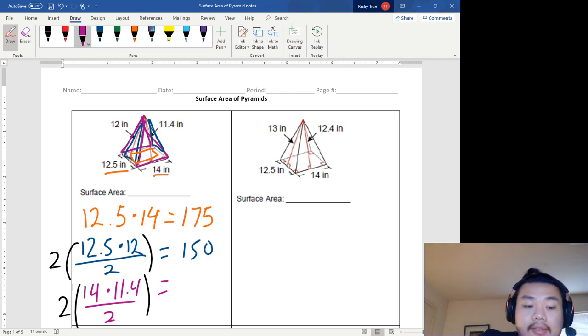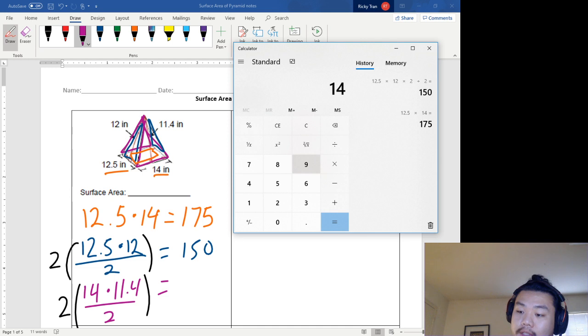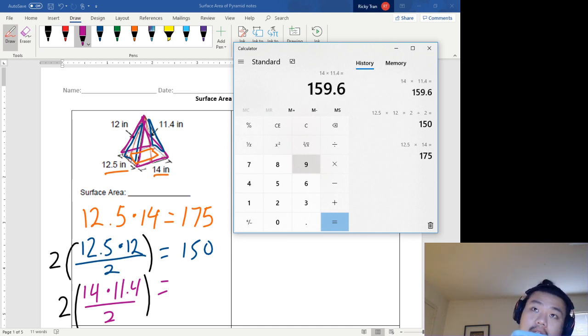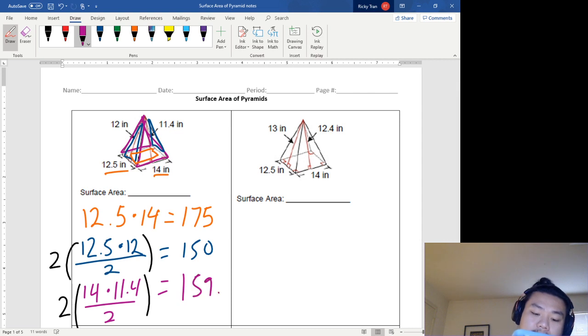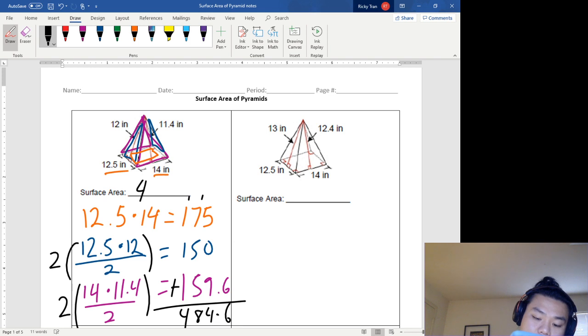Okay, and then the last two triangles we have 14 times 11.4, which is 159.6. And then we add. So 0.6 for the first, then 1, 2, 8, 1, and then 1, 2, 3, 4. So 484.6 inches squared.